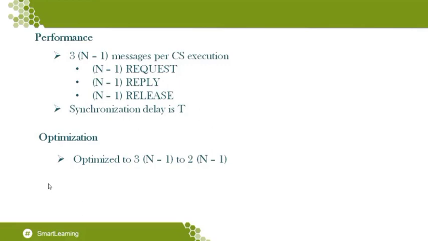And after it has completed its execution of the critical section, it has to send n-1 release messages. So overall it needs 3(n-1) messages for every critical section that it has to enter. This is the performance of Lamport's algorithm. The synchronization delay here is represented by capital T.